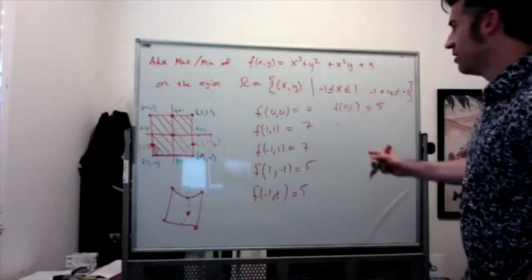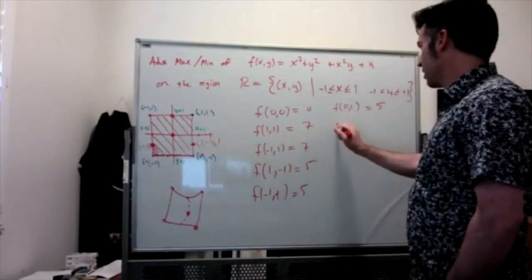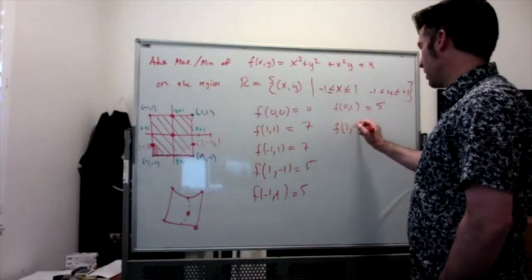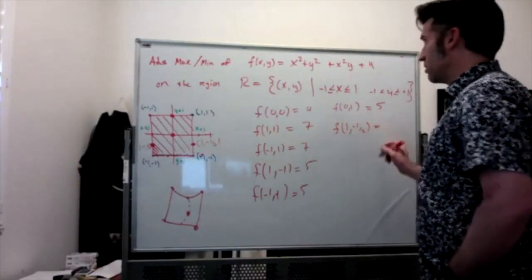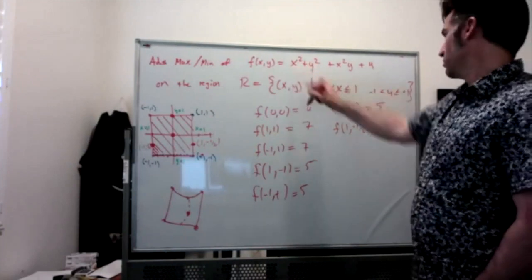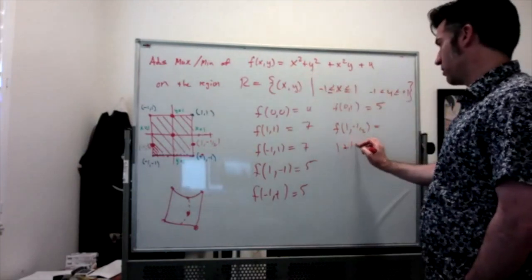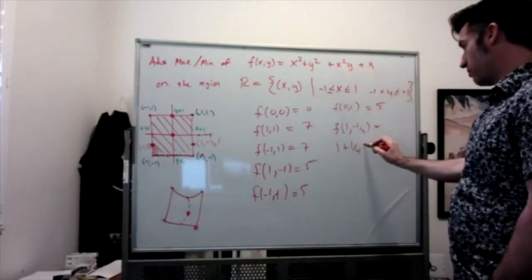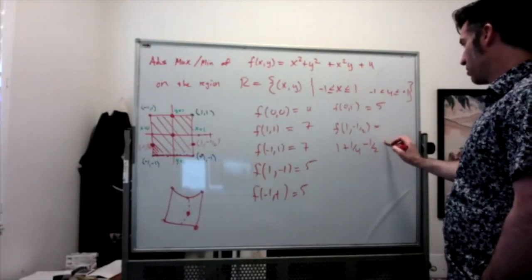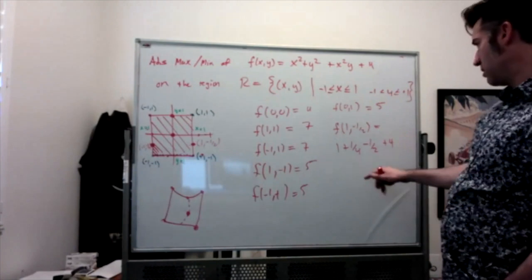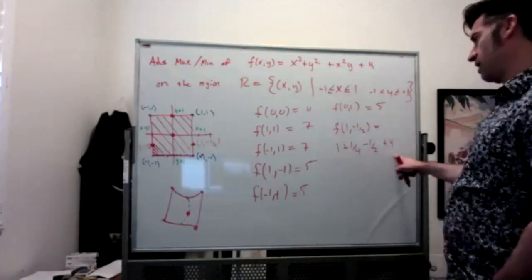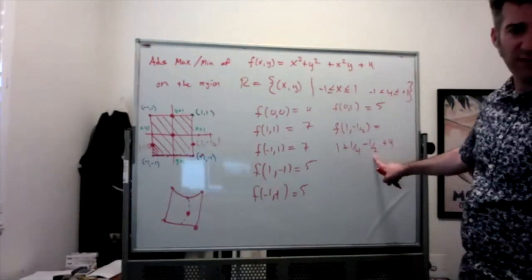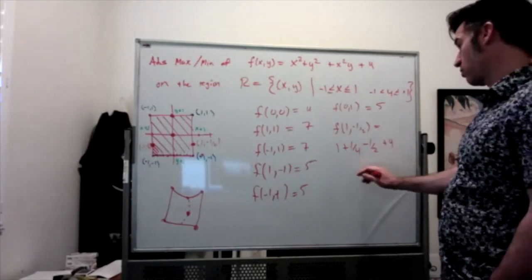Okay. And then checking these points, f of 1 comma negative 1/2 is going to be, let's see, I have to write this out, 1 plus 1/4 plus 1 times negative 1/2, so minus 1/2 plus 4. So that's going to be 5 minus 1/2 is 4.5, plus the 1/4 is 4 3/4.